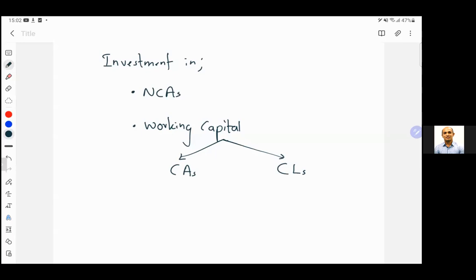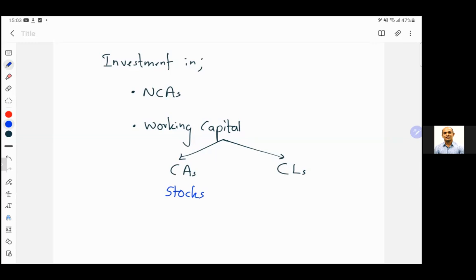For example, let's say you buy stocks, then you have current assets, stocks. Let's say you don't have money to pay for stocks, then you buy on credit basis.